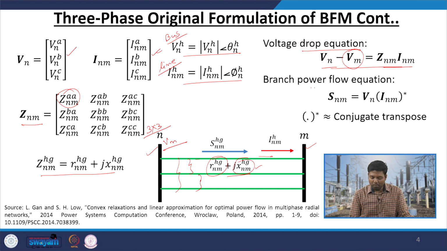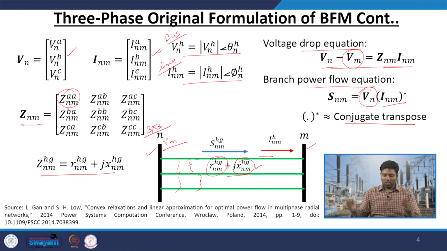Then branch power flow equations. How much power is flowing? That is your voltage multiplied with current, not only the complex conjugate, but also the conjugate transpose, because it is a matrix operation. So, you have to take the Hermitian value, or the complex conjugate transpose, of the current.